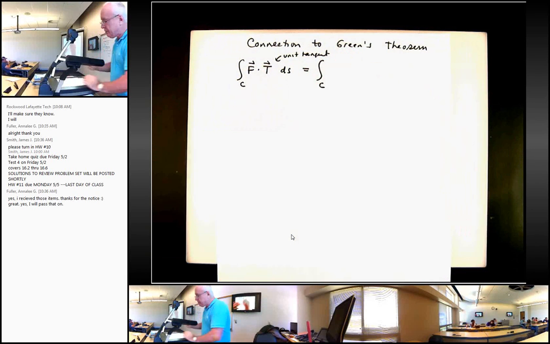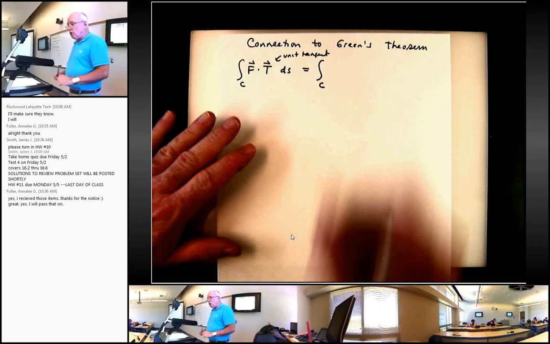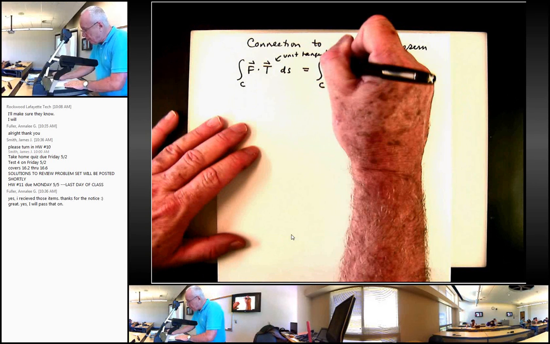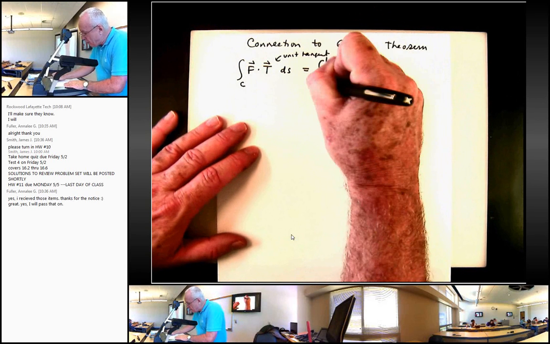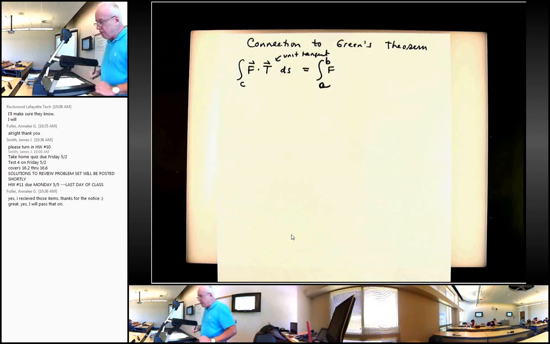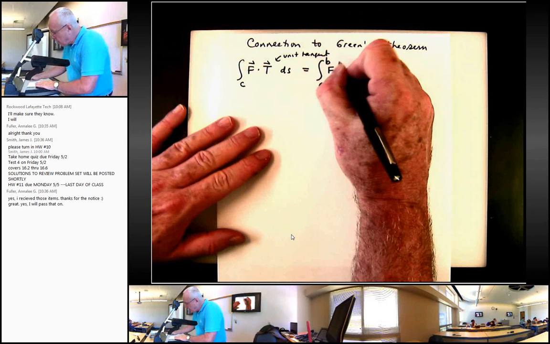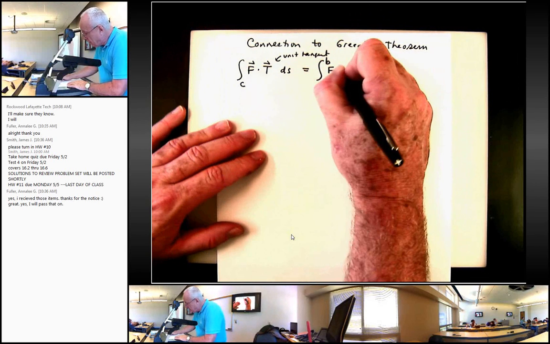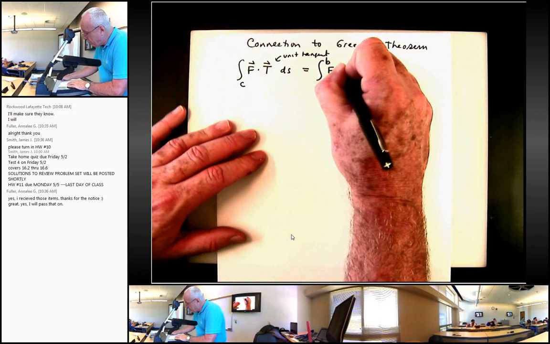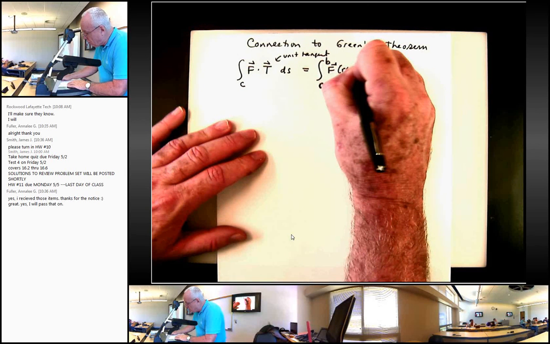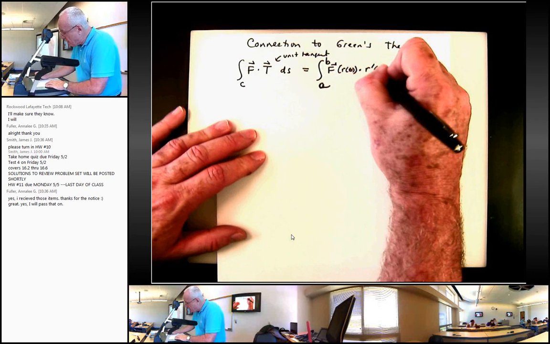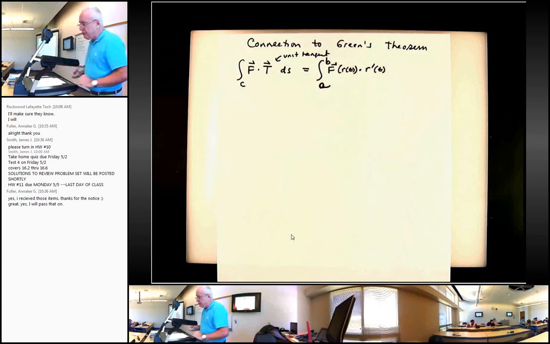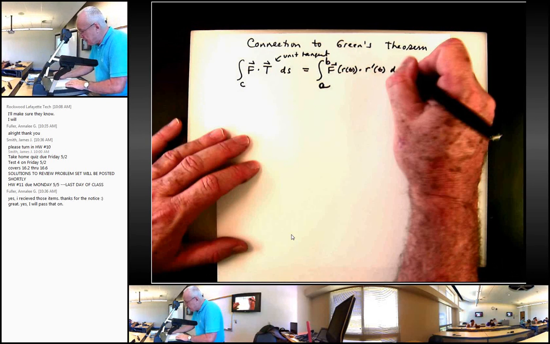This is the same as the line integral along the curve from A to B. Now we can parameterize this from A to B of the force field applied to our parameterization dot the prime of the parameterization dt.